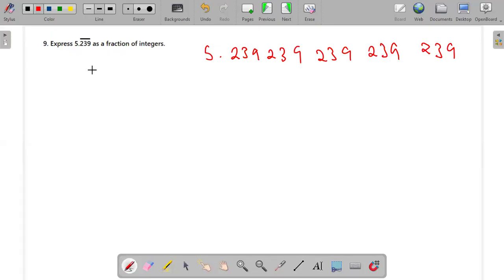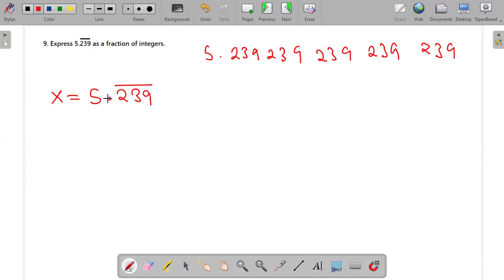If I want to convert a repeating decimal number to a fraction, I just have to find 2 numbers such that immediately after the decimal point, I have the repeating part. So x is equal to 5.239 bar.